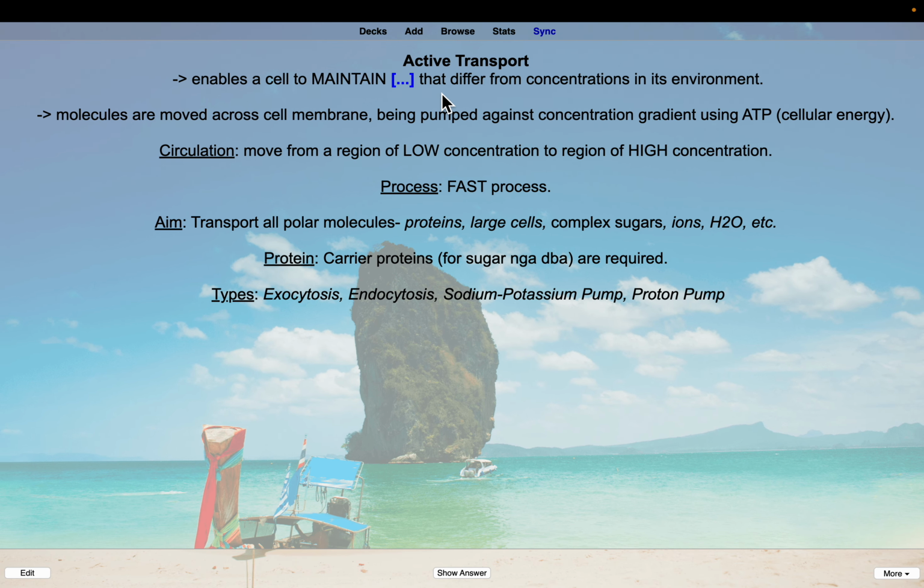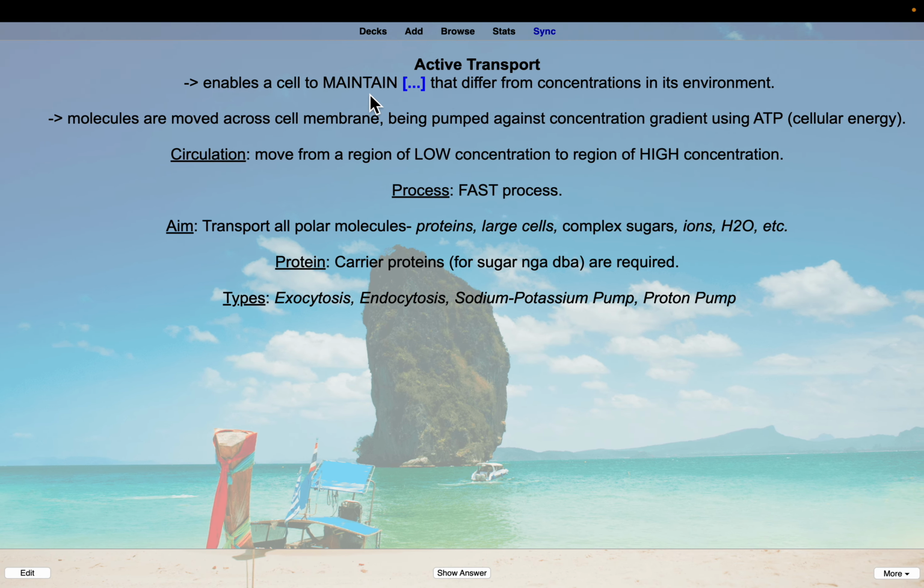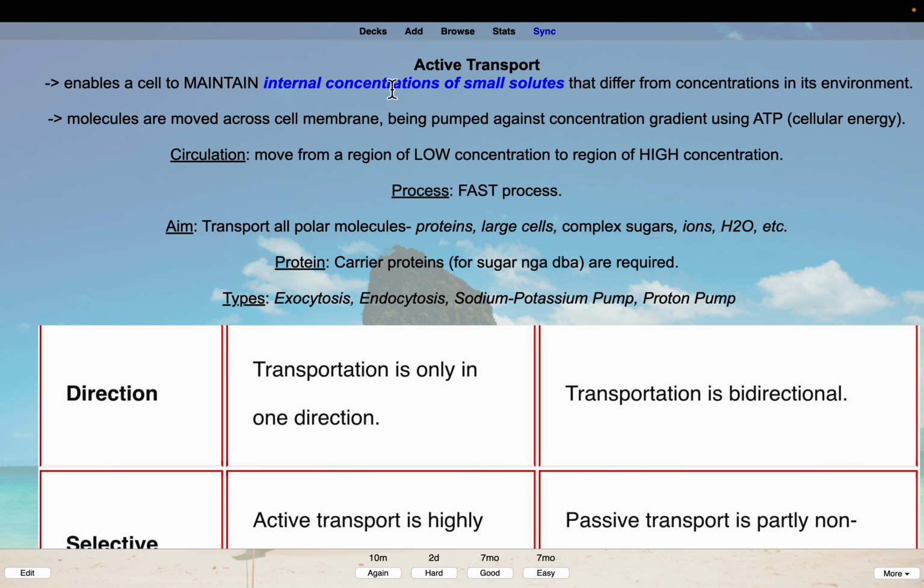Okay, so let's talk about the active transport this time. It enables a cell to maintain internal concentrations of small solutes that differ from concentrations in its environment. What you're doing requires energy because you are going against the concentration gradient. So molecules are moved across the cell membrane, being pumped against the concentration gradient using ATP, or cellular energy.